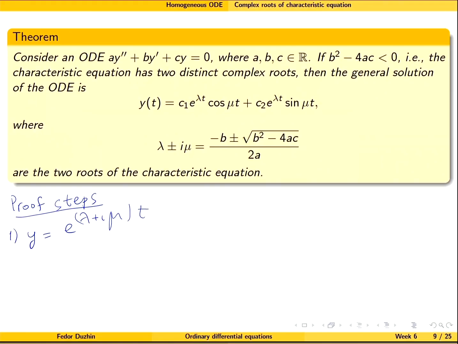The second step is to apply Euler's formula, to see that this is actually e to the power lambda t times cosine of mu t plus i e to the lambda t times sine of mu t.